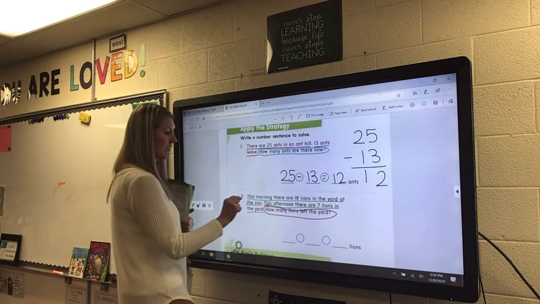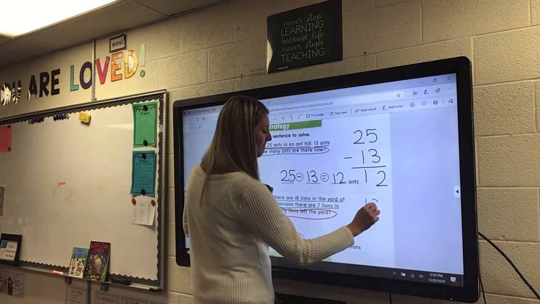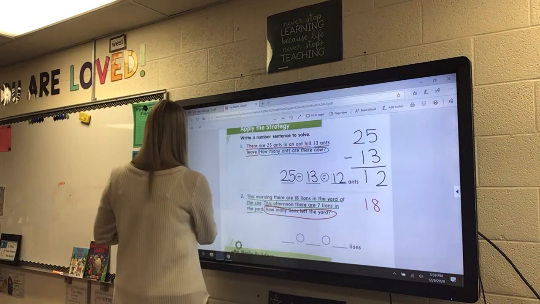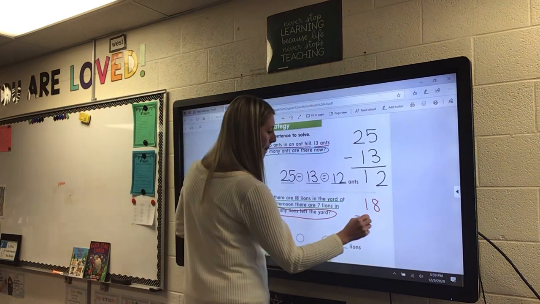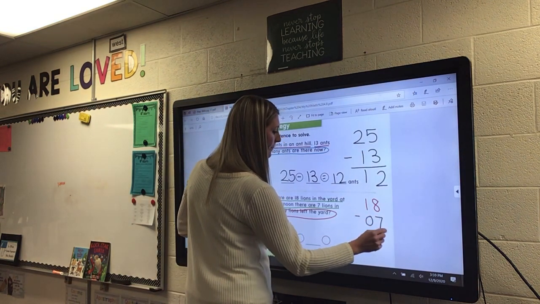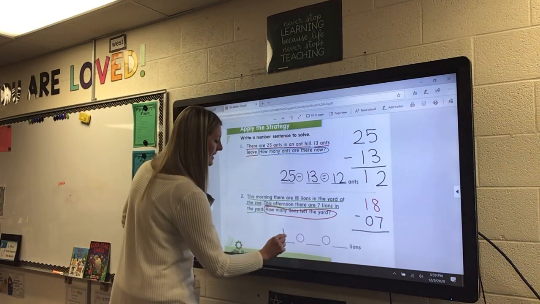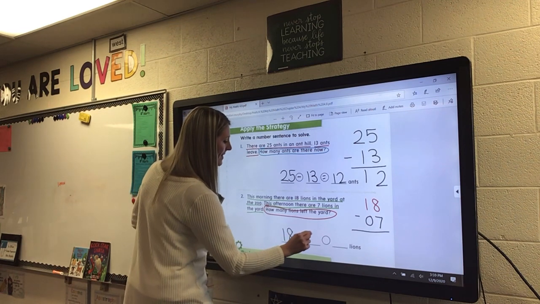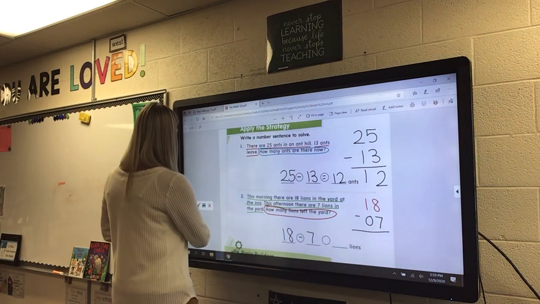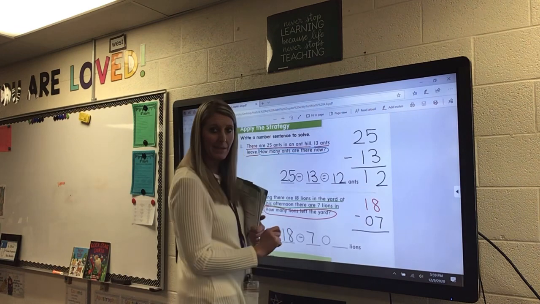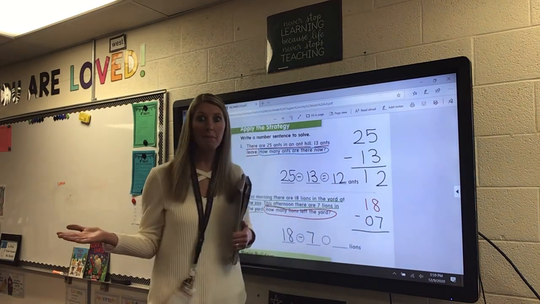Okay, so I know that I need to start with the 18, and I'm going to take away 7. So 18, take away 7. All right, I'm going to subtract 8 minus 7, bigger bottom. Oh, no, not bigger bottom.